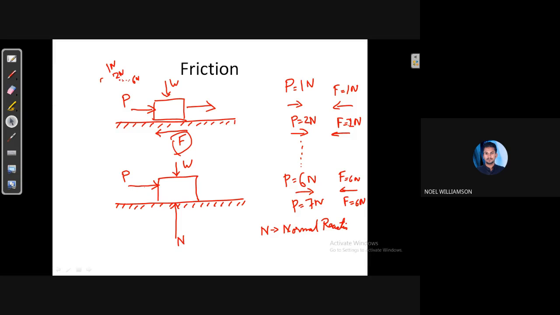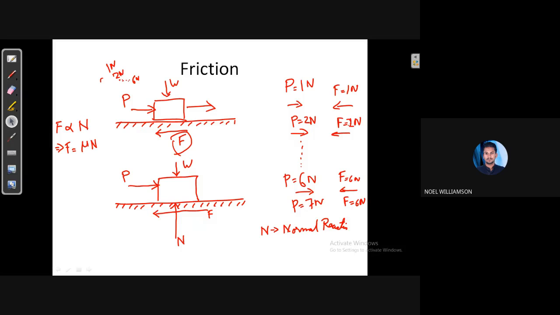Now we know there will be a frictional force which is opposite to the direction of the applied force. So the frictional force will be in this particular direction. And we have already learned in physics that the frictional force is proportional to the normal reaction, or we can say frictional force is equal to a constant into normal reaction.